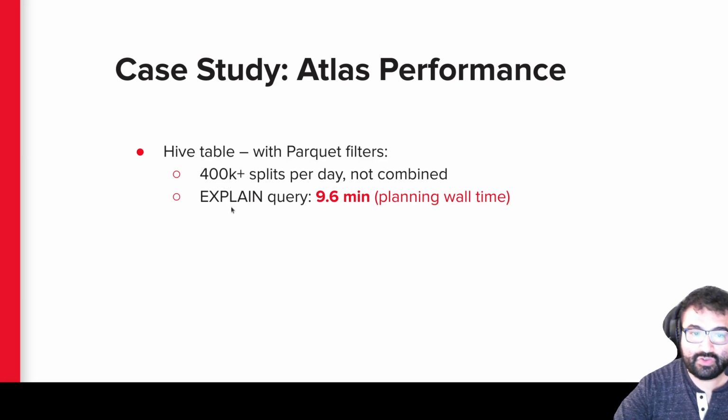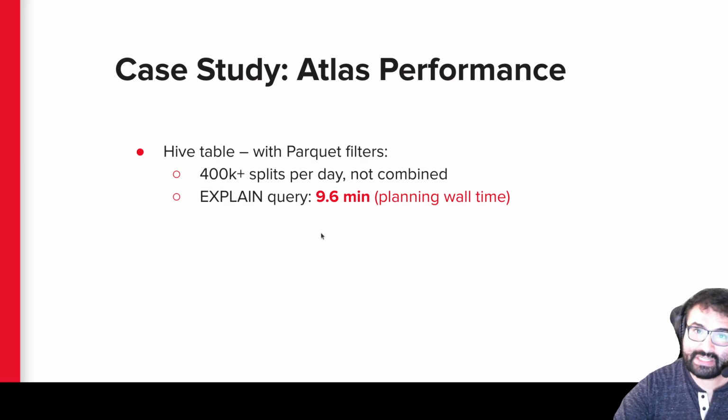Okay, and if you just ran an explain query, which means you didn't actually do the scan, you just planned the scan that you would have done, it took 9.6 minutes just to plan. Just to plan what you would scan, it took 9.6 minutes.